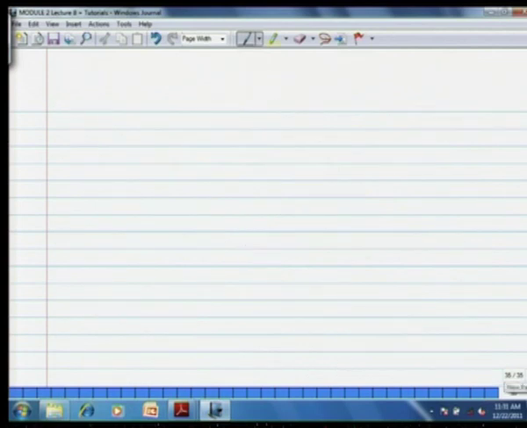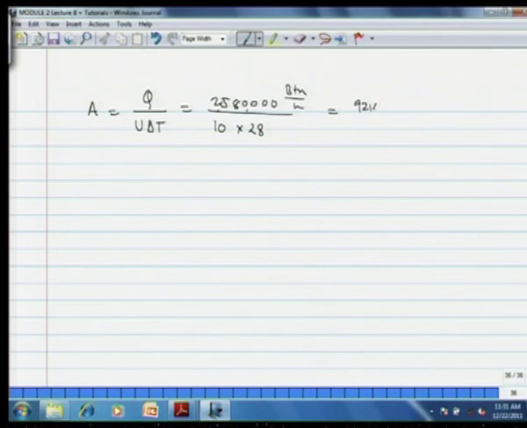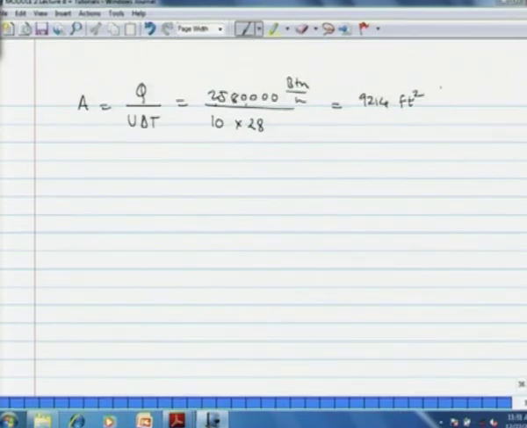Substituting now all the values, area is equal to Q divided by U delta T. Q we have just determined as 2.558 million BTU per hour, U is 10 and delta T is 28. We get the total heat transfer surface as 9214 feet square. So, that answers our fourth question.